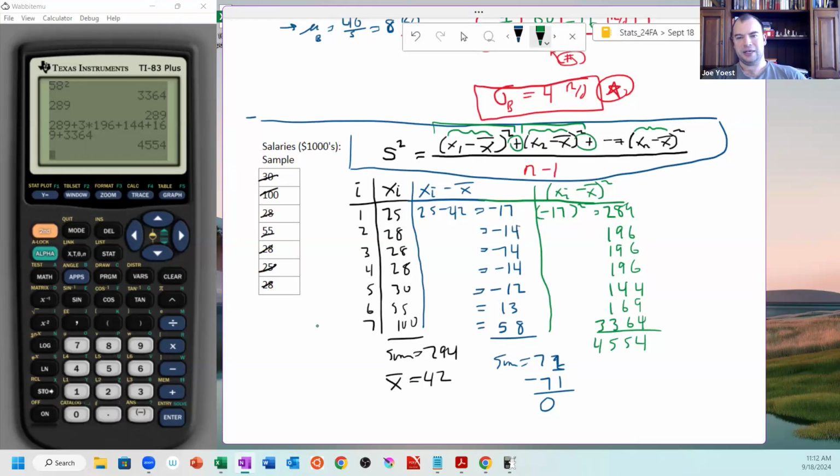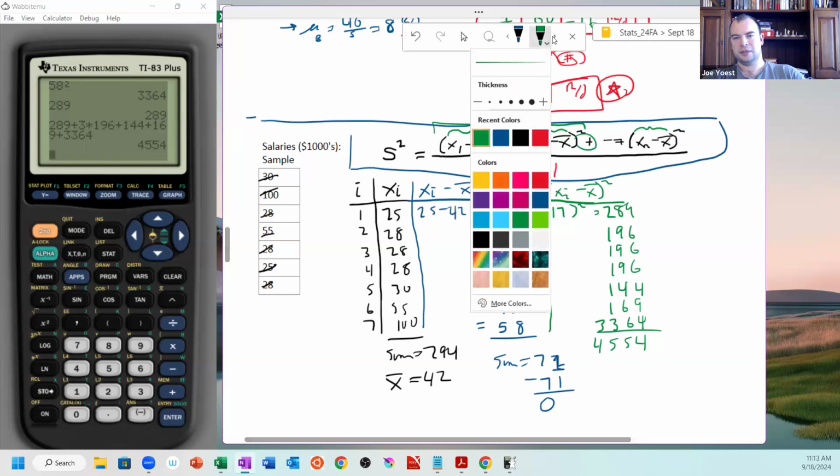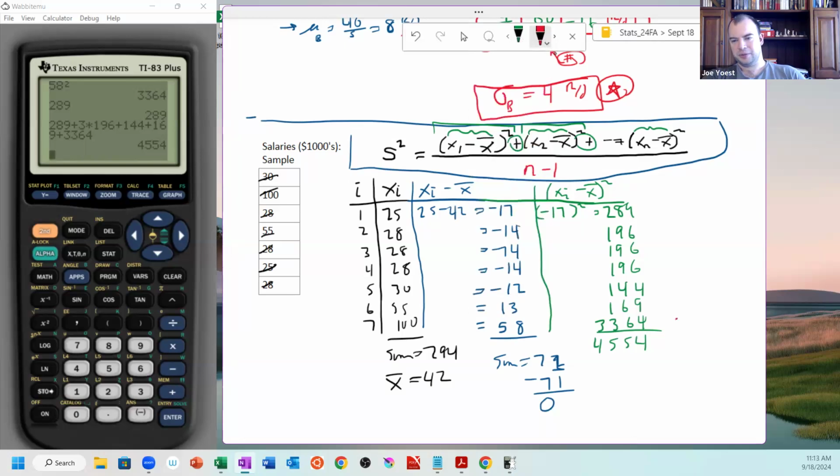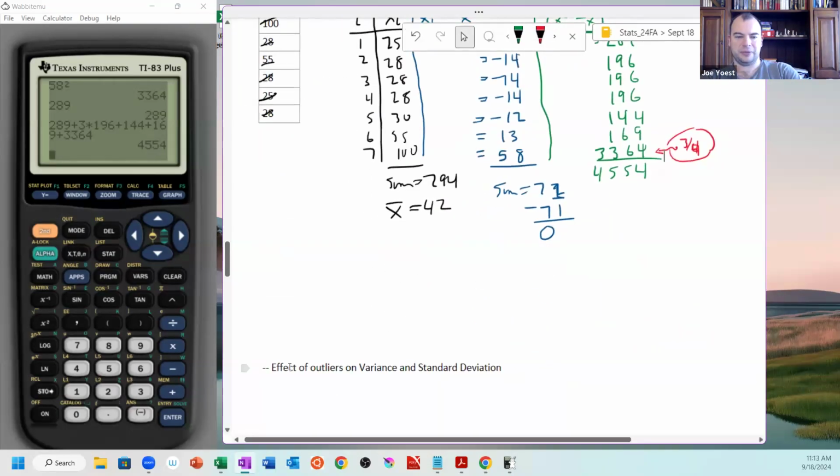I actually realize that this 3364 contributes something like 3/4 of the contribution to the variance, even though it's just 1 out of 7 data points. We'll discuss in a minute the effect of outliers on variance and standard deviation.